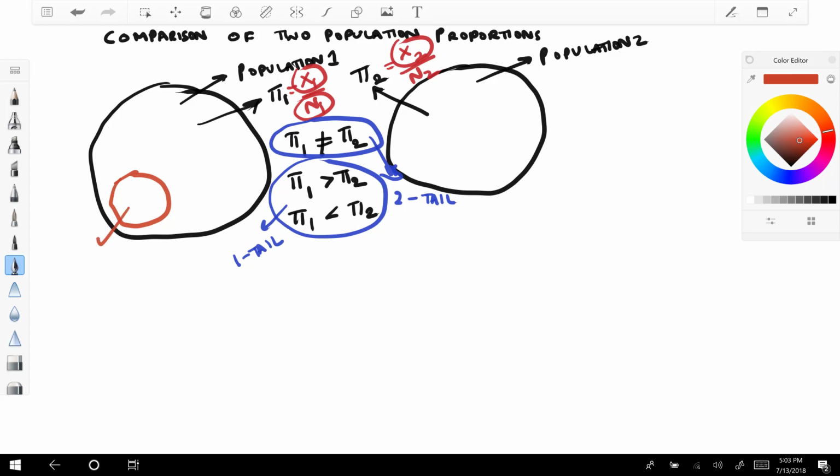This is from population 1, so this is sample 1. And this would be sample 2.